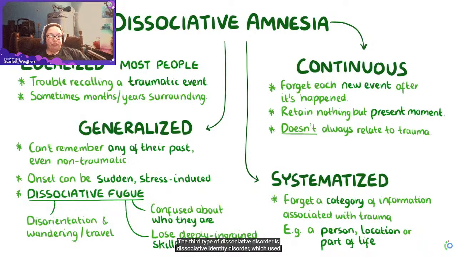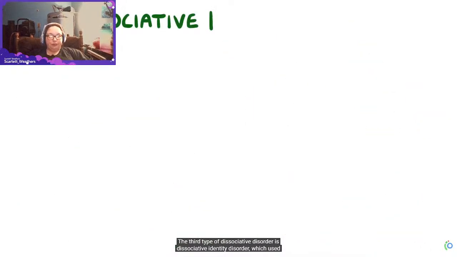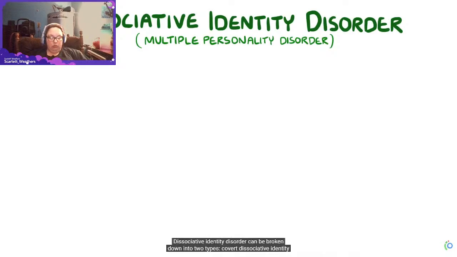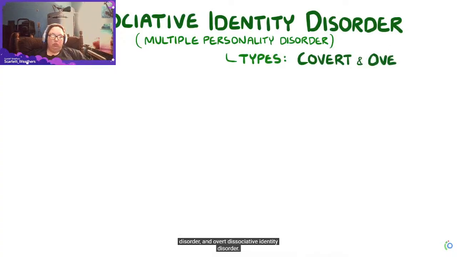The third type of dissociative disorder is dissociative identity disorder, which used to be called multiple personality disorder. Dissociative identity disorder can be broken down into 2 types: covert dissociative identity disorder and overt dissociative identity disorder.